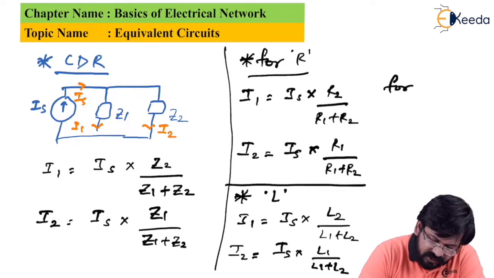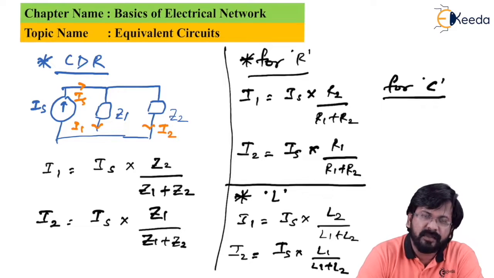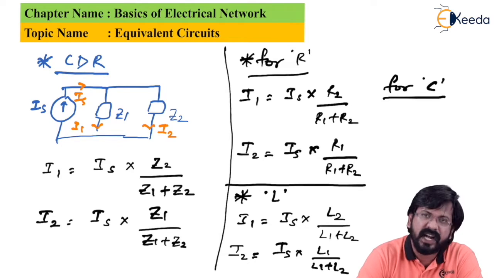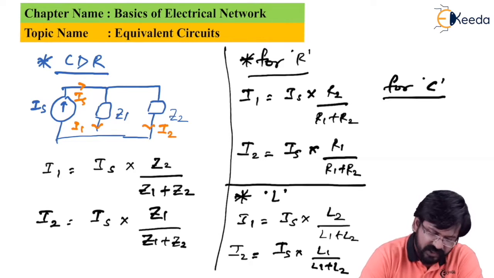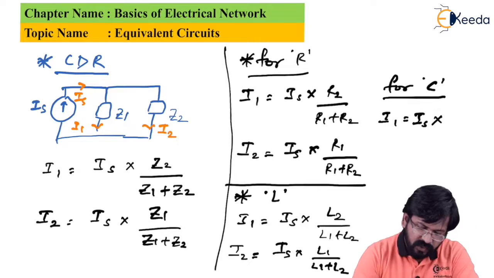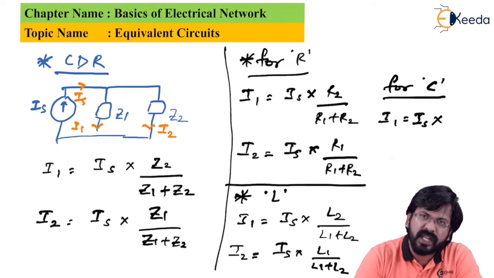Whereas for a capacitor, we assume that Z1 and Z2 are replaced with C1, C2, current through C1 is I1, current through C2 is I2, and total current is IS. So by the current division rule, I1 will be equal to IS multiplied by, we know that we write the impedance which is opposite to that impedance.